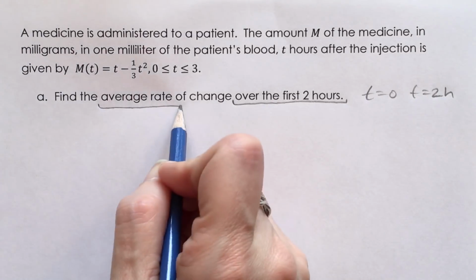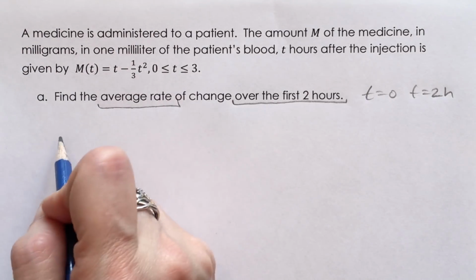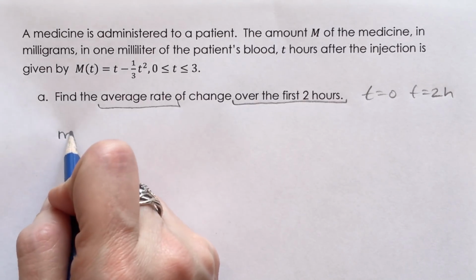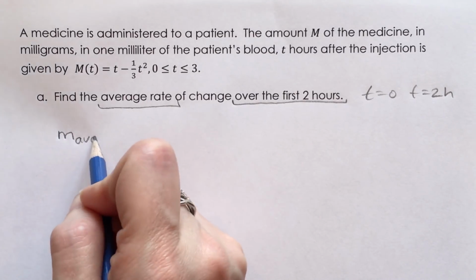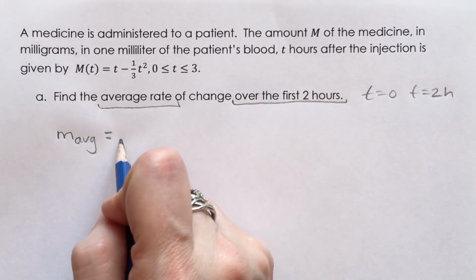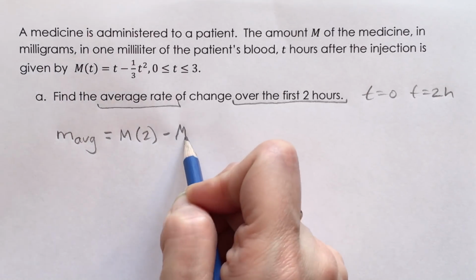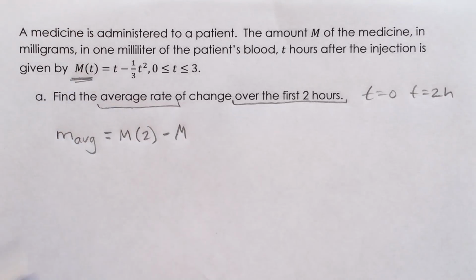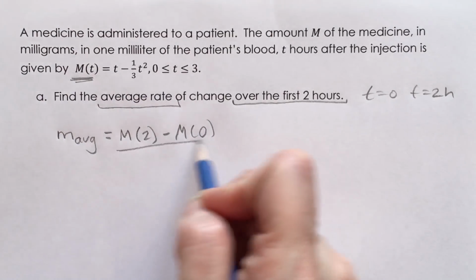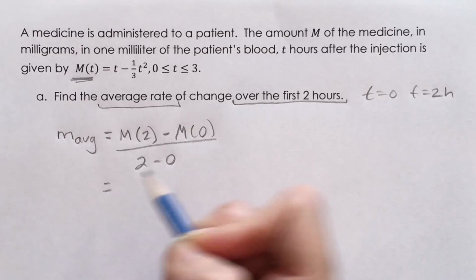And for average rate we know the formula, so we can just use m for slope. The average is equal to capital M at 2 minus capital M at 0, over 2 minus 0.